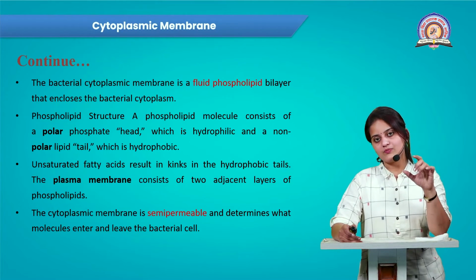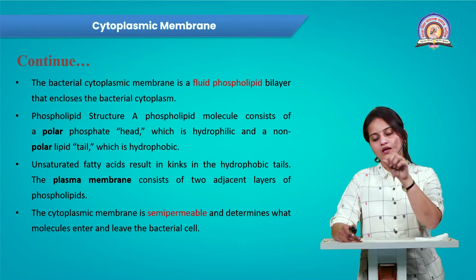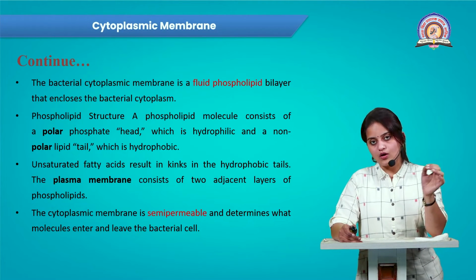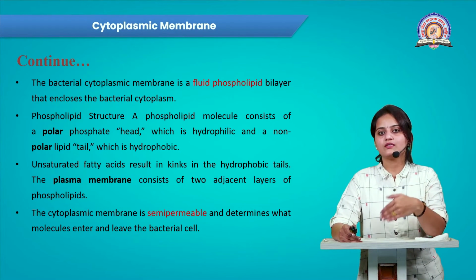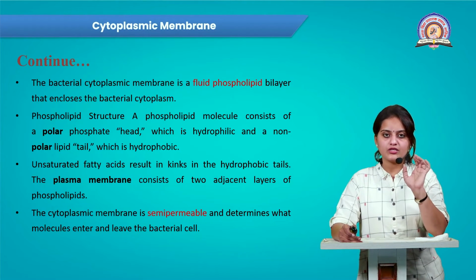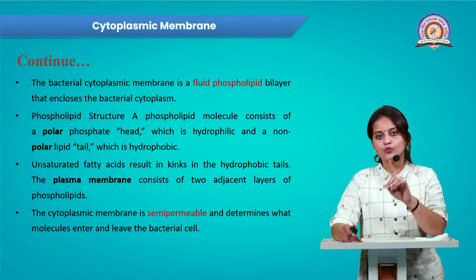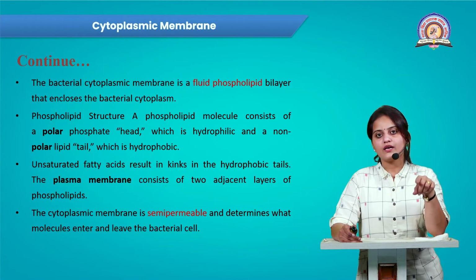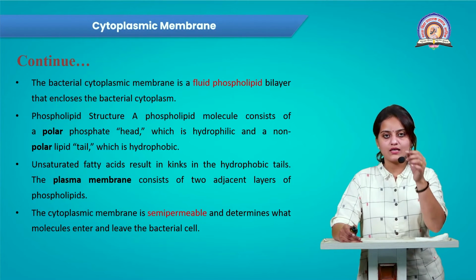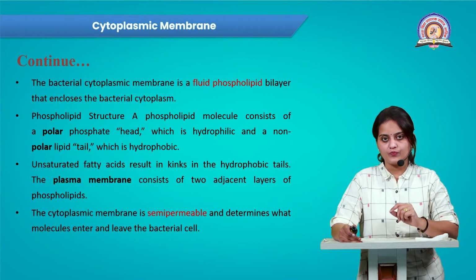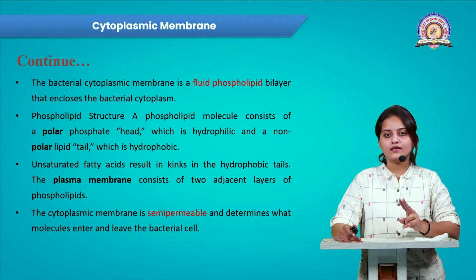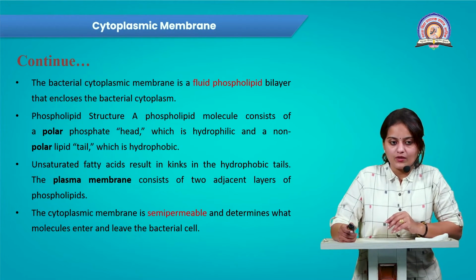This assembly maintains the proper shape of the cell and avoids dissolving of the cell. That is why the polar and non-polar combination is there. The polar molecule is circular in shape, while non-polar molecules are thread-like in shape. They are associated with each other and such a bilayer is present in the cytoplasmic membrane.